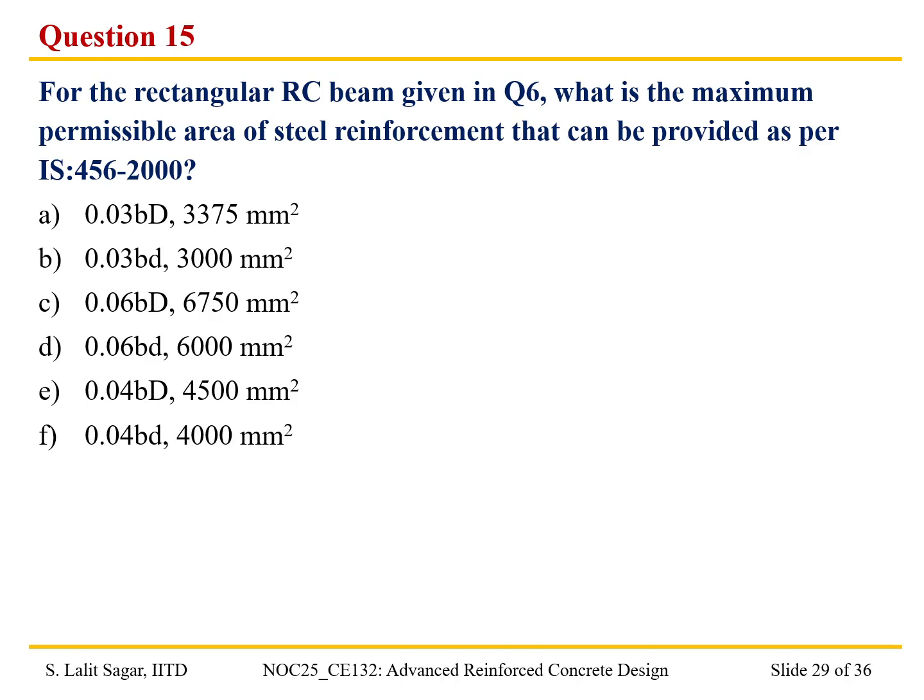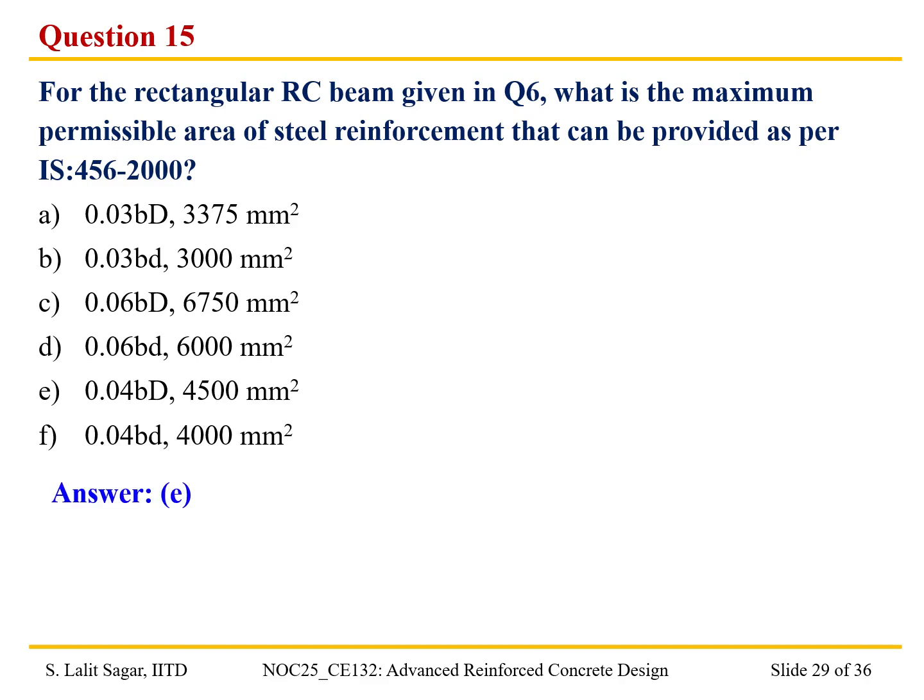So as per the IS code, for a rectangular reinforced concrete beam that is subjected to flexure, the maximum permissible cross-sectional area of the steel reinforcement is 4%.